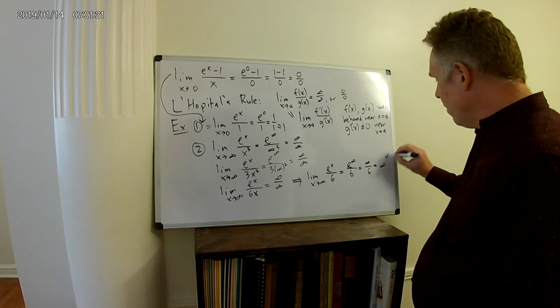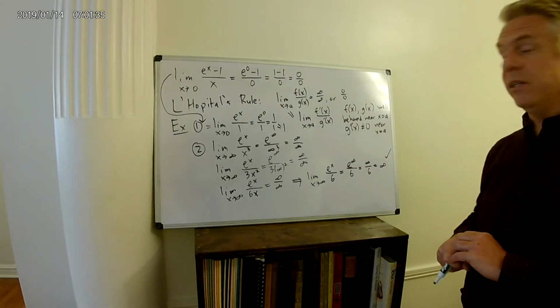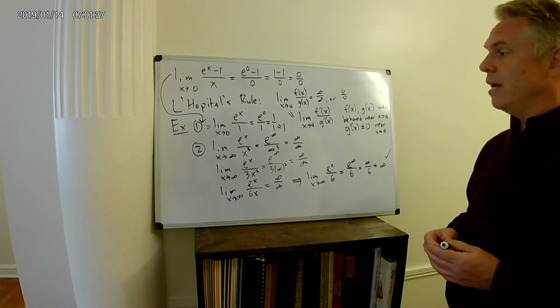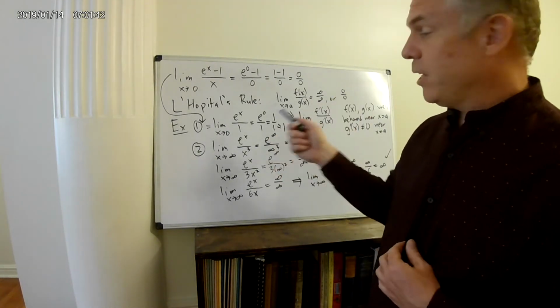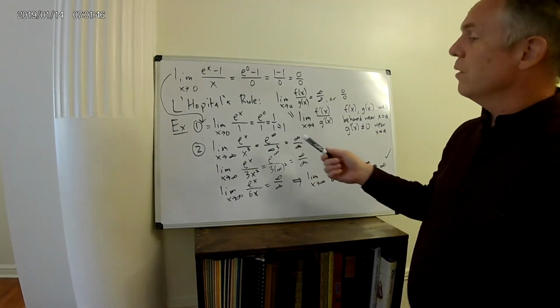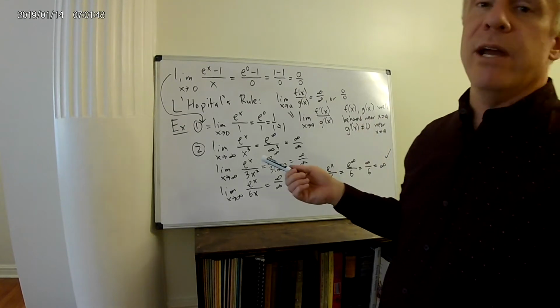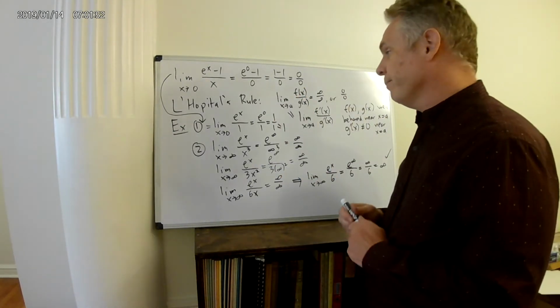Okay, so now we have our answer. We've finally evaluated our indeterminate limit, and this limit goes to infinity. In other words, e to the x always grows faster than any polynomial. Exponential functions always grow faster than any polynomial. The moral here is sometimes you need to use multiple iterations of L'Hopital's Rule to evaluate an indeterminate limit.